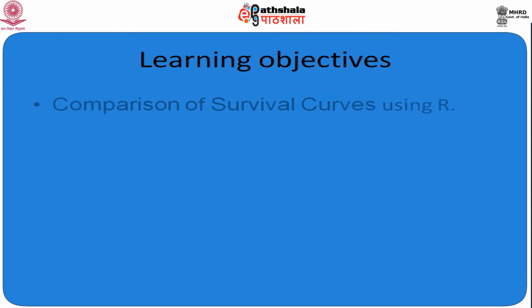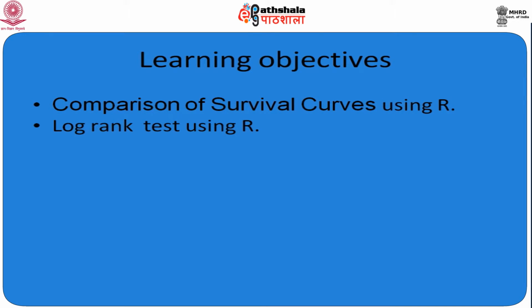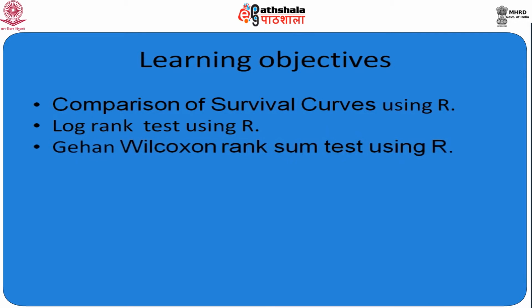We will see the survival curve comparison using R. We will get the log rank test using R, and again the Wilcoxon rank sum test using R. So, how to compare survival curves, how to get the estimate through the log rank test, and how to get the Gehan test for survival curves we will see here, and we will compare those graphs. This is the objective of this module.